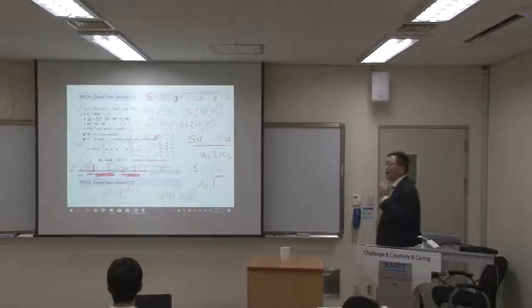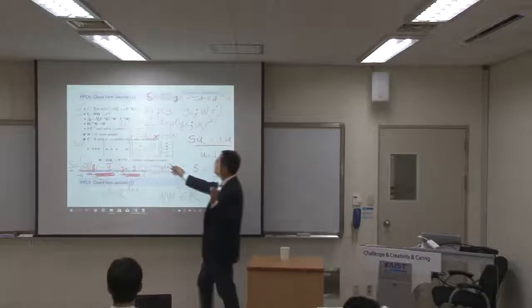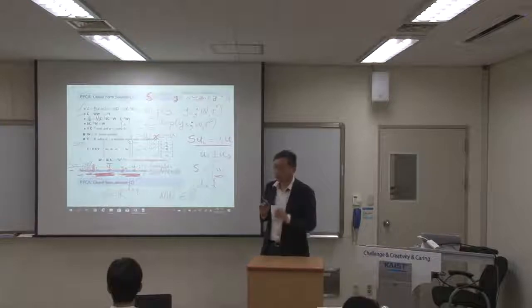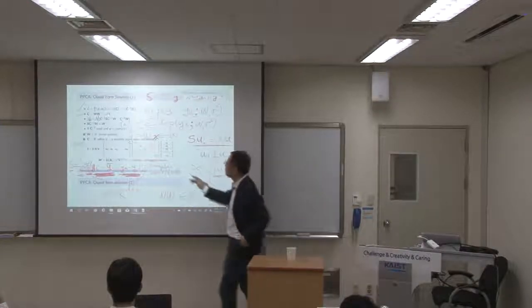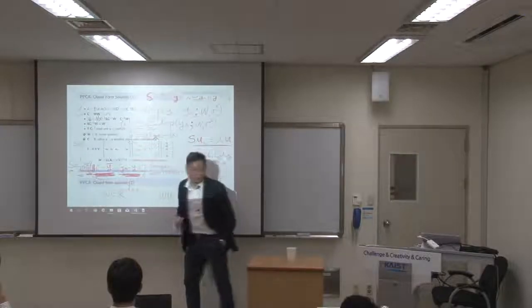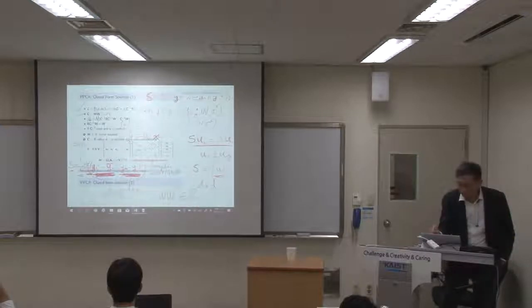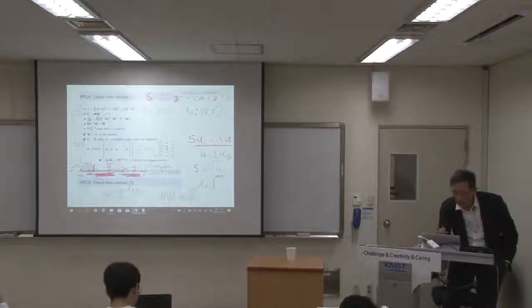What can you say about the eigenvalues? Some of the eigenvalues. You understand what I'm saying? There's no noise now. Okay, I'll just erase some of these things. So I just want you to focus on this one.